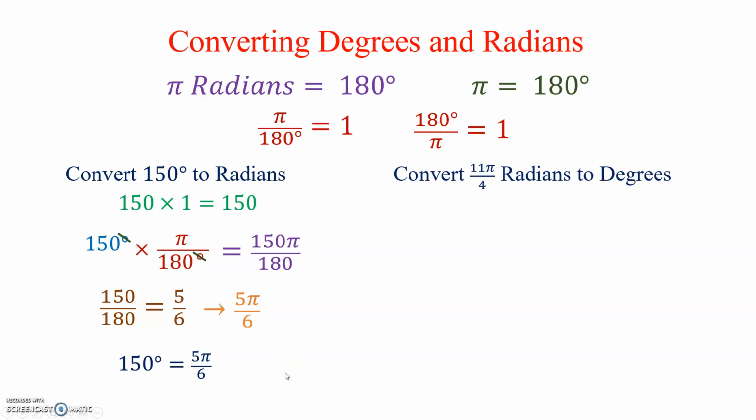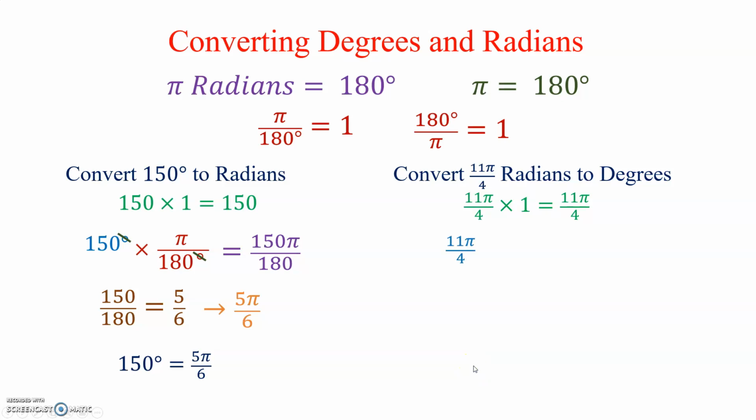All right, so we'll try a different one. Now, this is converting radians to degrees. Again, we'll start with the same premise that any number multiplied by 1 gives us the same thing. And so we're going to use a version of 1.